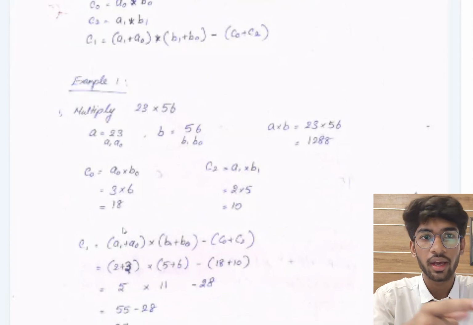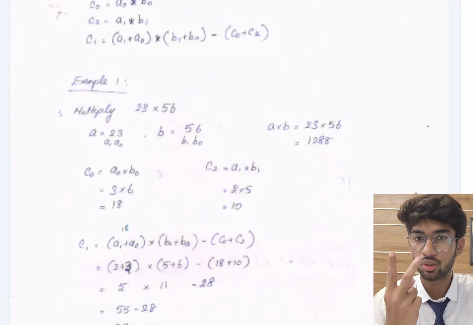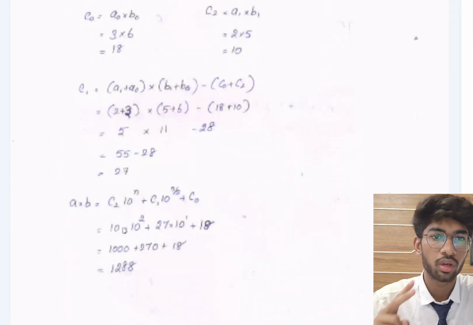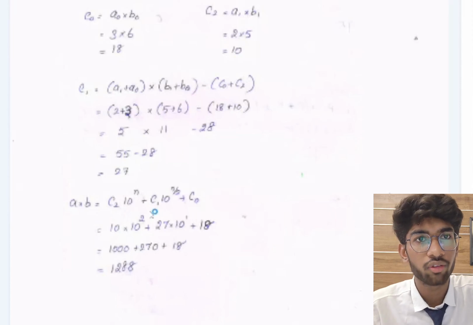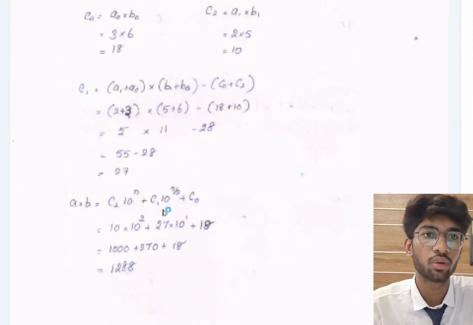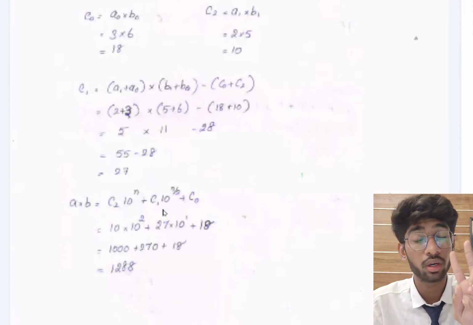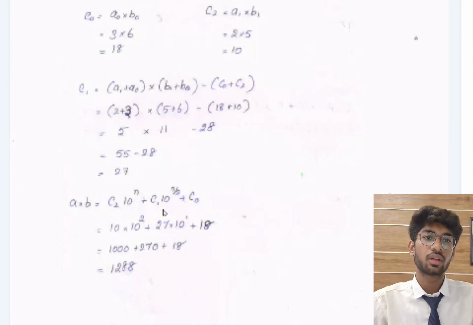What is n here? We have 23, a 2-digit number, so n equals 2. So c2, which is 10, into 10 to the power 2, plus c1 into 10 to the power n by 2, where n by 2 is 2 by 2 equals 1, plus c0 equals 18.